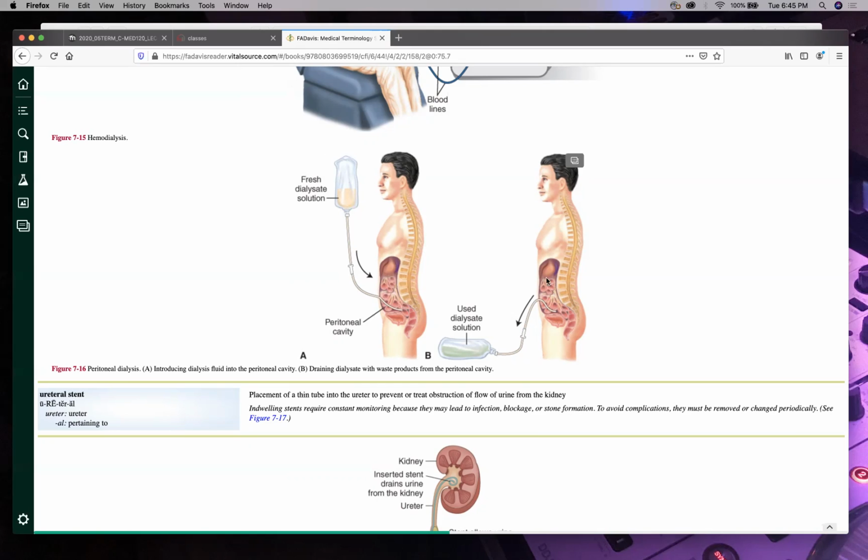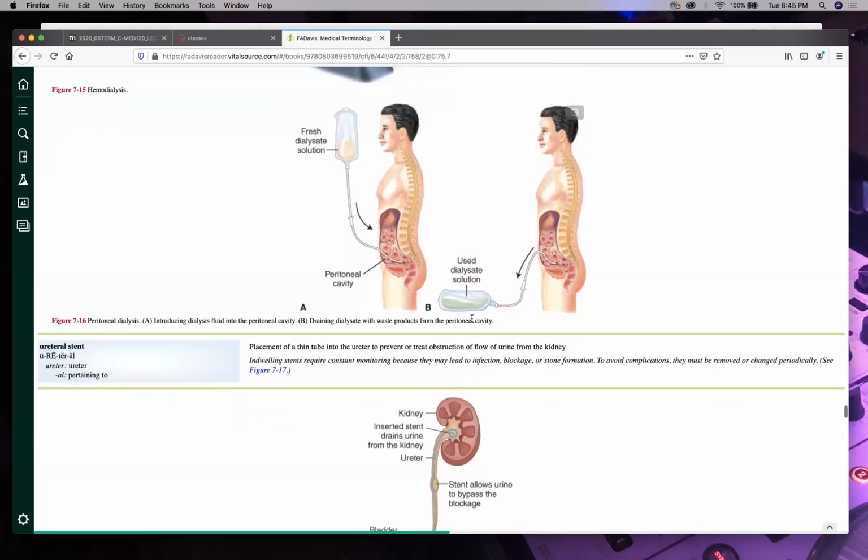And then, 30 or 45 minutes later, you have the patient lie on their side, and then you put the empty bag on the floor, and it fills up with all the dirty fluid. And that's another way to get rid of all the extra nitrogenous waste.